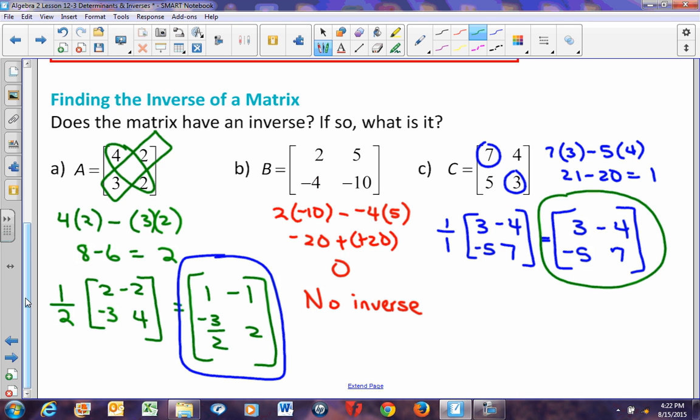For the TI Inspire, I believe you can find the inverse. It looks like you just need to do the x to the negative 1. I'm looking for that button. I know I've seen it before somewhere.